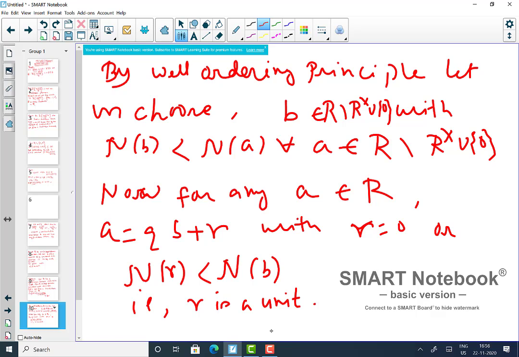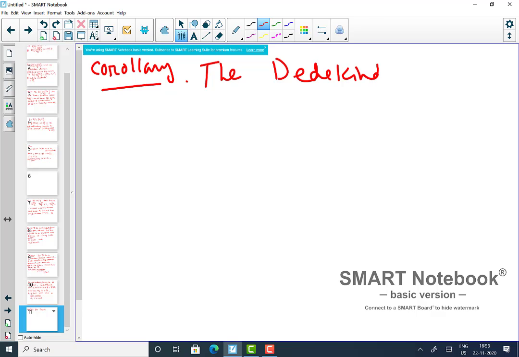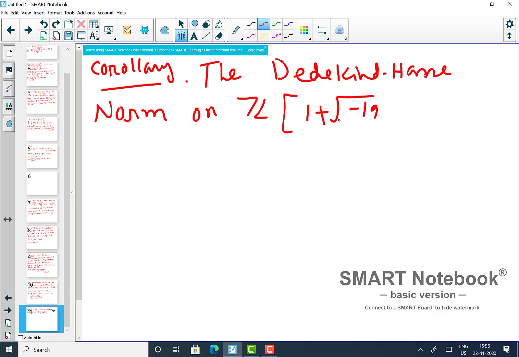So the corollary: the Dedekind norm on Z[(1 plus or minus square root of minus 19)/2] is not a Euclidean norm.